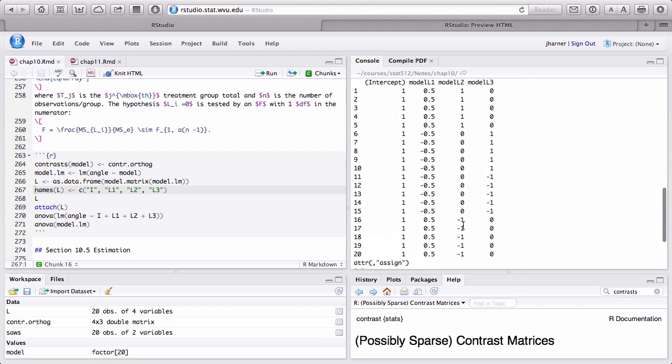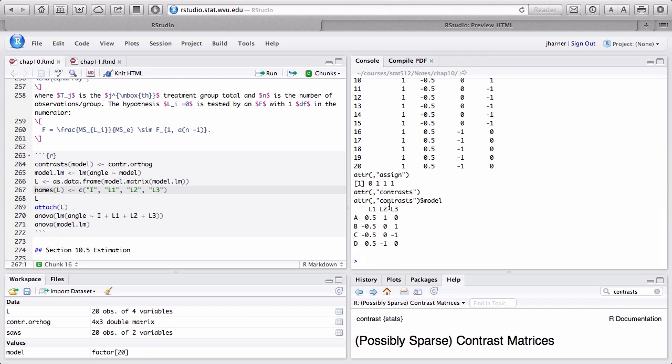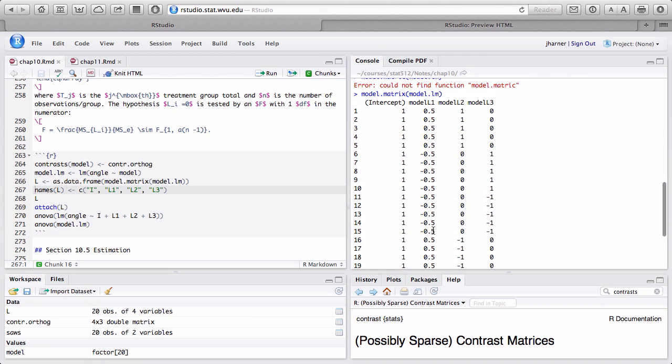It prints out this. It also prints out this additional information. These are called attributes. In other words, the model matrix is precisely what I'm going to print out. It gives these same values that I defined as L when I coerced it to a data frame.